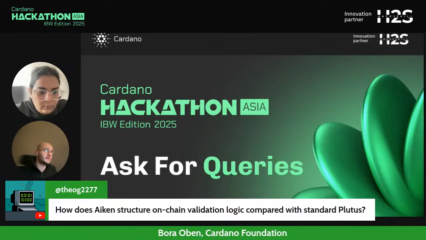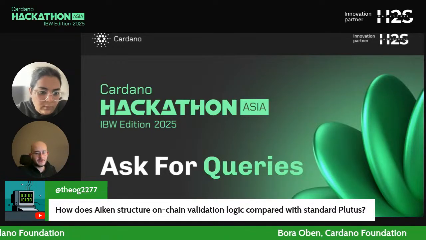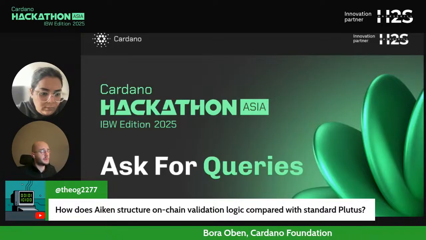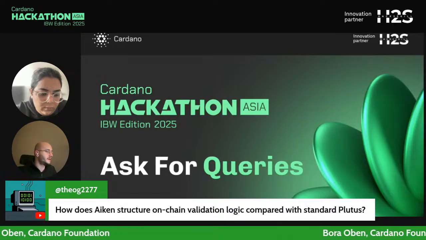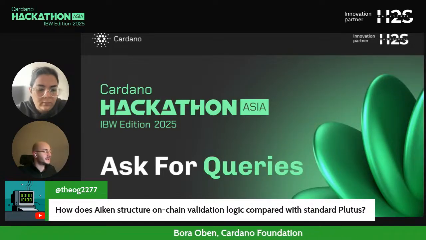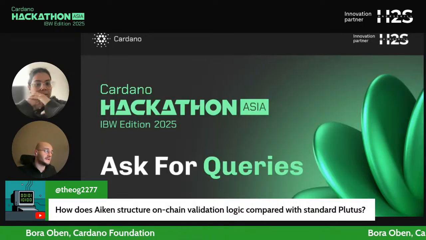Aiken has a more approachable syntax, as many call it, and efficiencies are comparable. Aiken is also at this point quite mature. Plinth, or Plutus as you just called it here, has quite a lot of extensive features that you can benefit from, but I would definitely recommend Aiken as a starter for many.